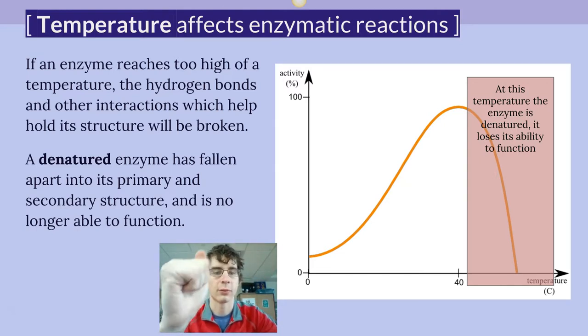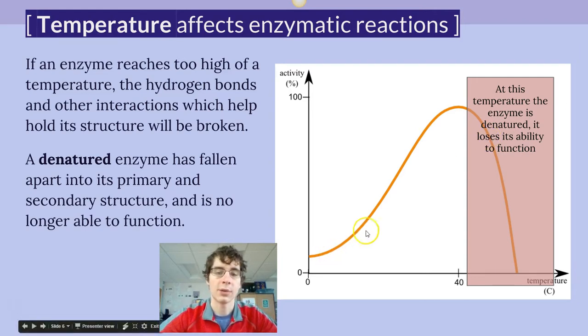When that happens, when it loses its structure, it loses its function. We call that denaturation. A denatured enzyme has fallen apart into its primary and secondary structure and is no longer able to function. All right? Which means that, remember, the enzyme is catalyzing this reaction, boom, it starts to denature.